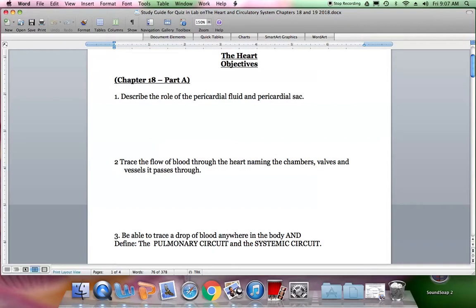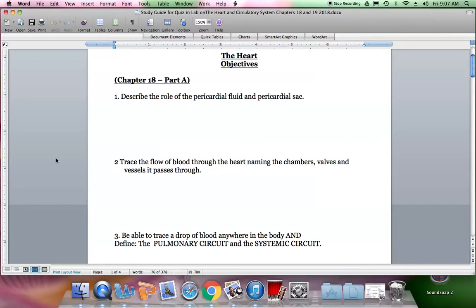So 2 and 3, both of these actually deal with picking a place in the body, such as the left big toe, and then tracing a drop of blood all the way back up to the heart. This is what my circulatory system wrap, I'm a little blood drop, actually achieves. It covers both of these objectives, other than just simply describing pulmonary circuit and systemic circuit, which I will remind you of.